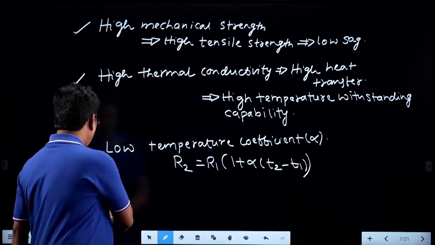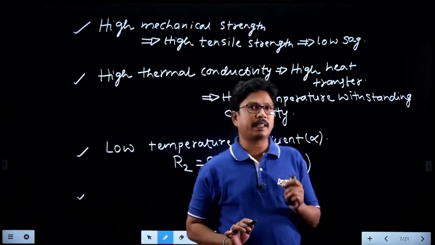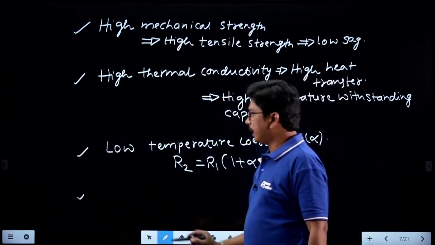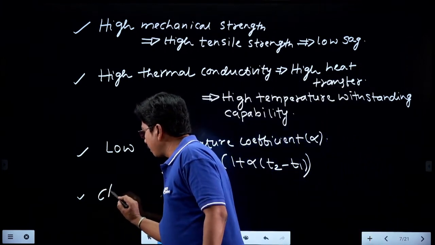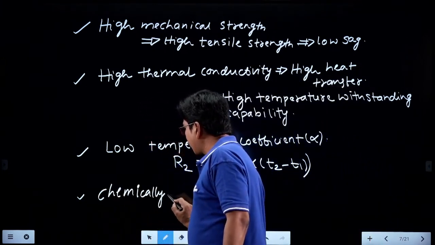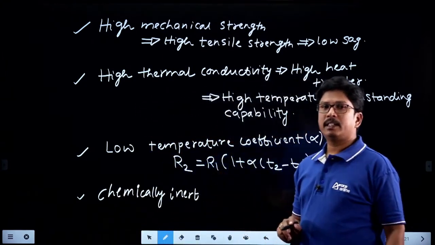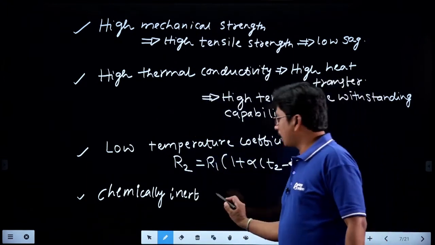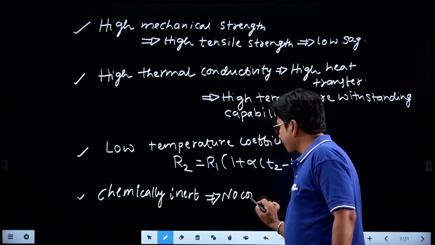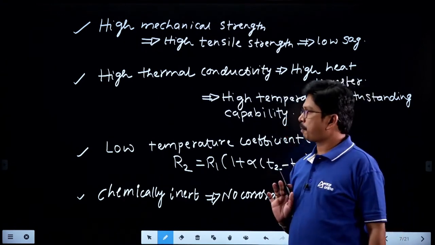Clear, right? And one more property we can take: the conductor should not chemically interact with the surrounding environment. So it should be chemically inert. We can say simply there is no corrosion for a conducting material.